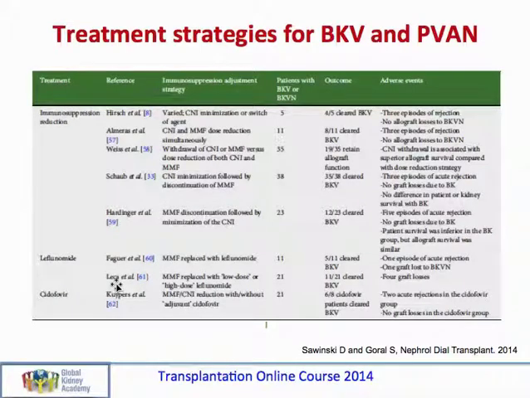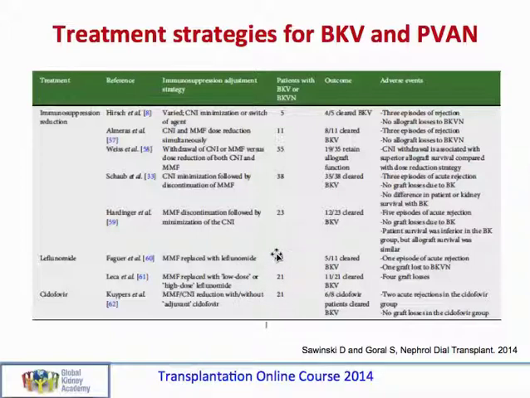And this slide again just summarises all the studies looking at different treatment strategies, and you can see in terms of immunosuppression reduction, there's pretty good evidence. Again, predominantly observational evidence, but reasonable observational evidence.